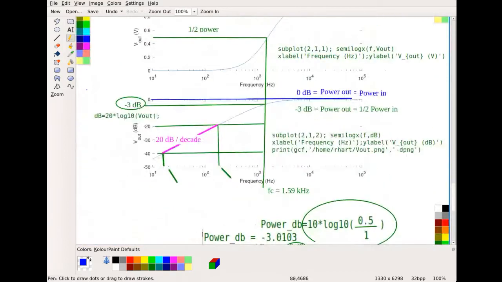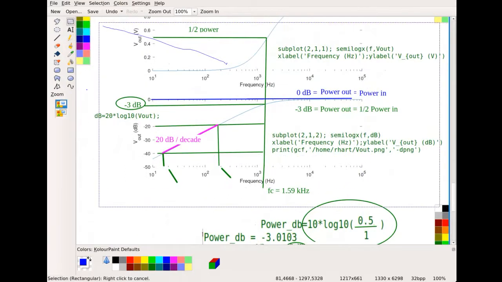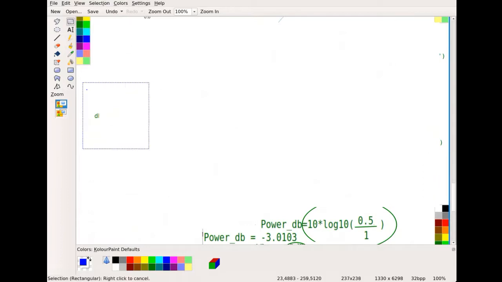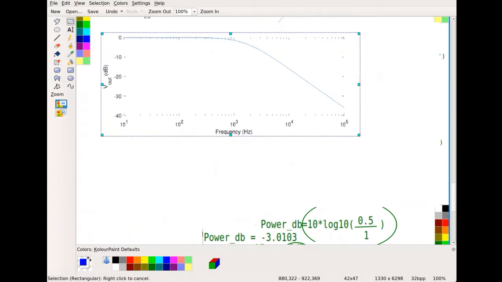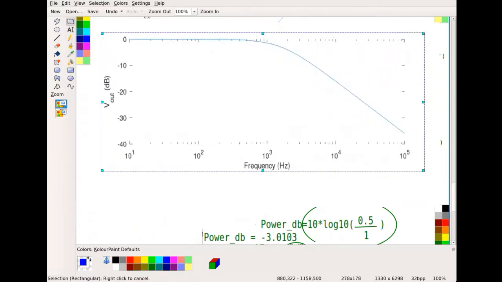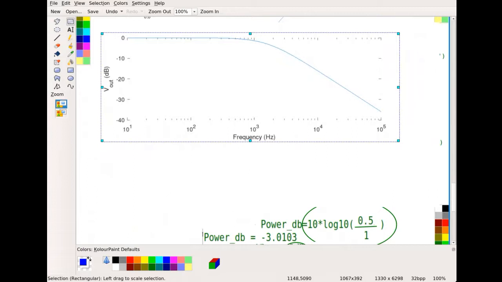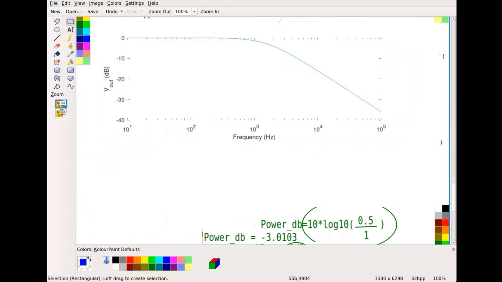Let me clear some of this out of here. Right here, I get the exact same plot, and my cutoff frequency is at 159.